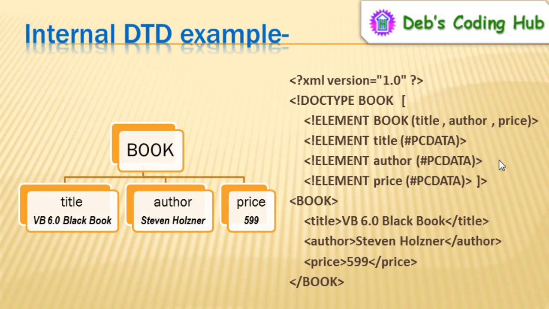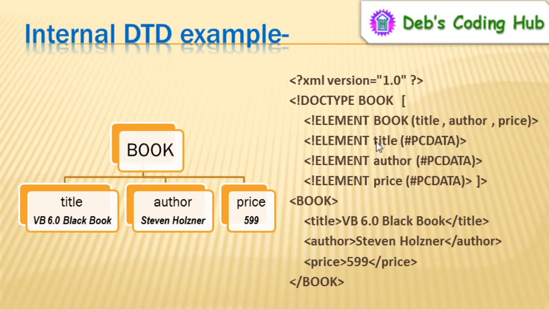Now, what type of data will each child element store? We have to define that. The first child element is title. So we are writing again ELEMENT title. Then we are writing #PCDATA. PCDATA here means parsed character data. #PCDATA should also be written using hash in front and uppercase characters.